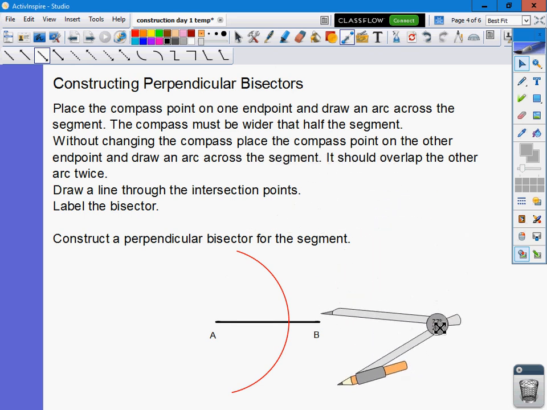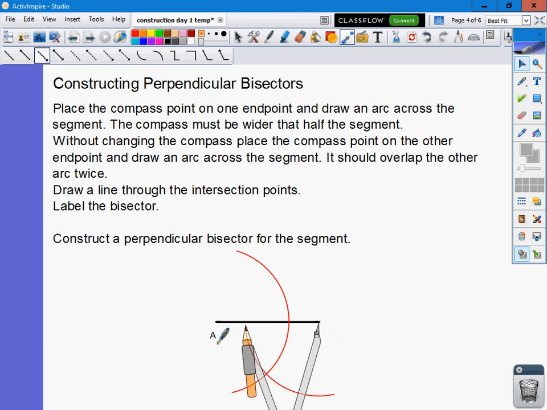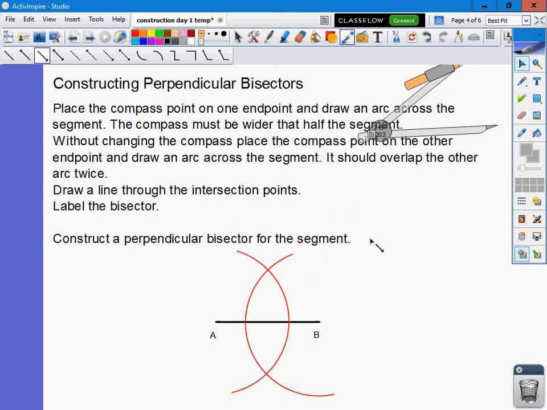Pick it up. Slide it over to the other end point. And make the same arc. So you should have two kind of half circles kind of intersecting each other.